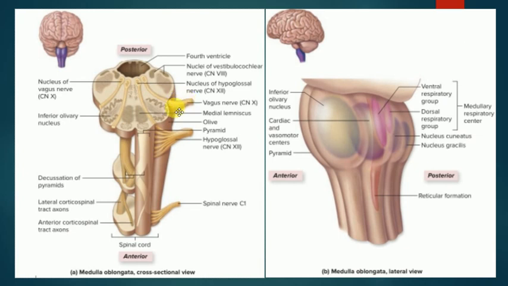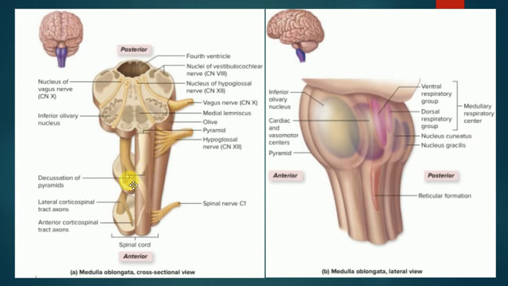Here is cranial number 10, vagus, medial lemniscus, inferior olivary nucleus. Here is the nucleus of vagus nerve or cranial number 10. We can see olive here laterally, pyramid, cranial number 12 or hypoglossal nerve.